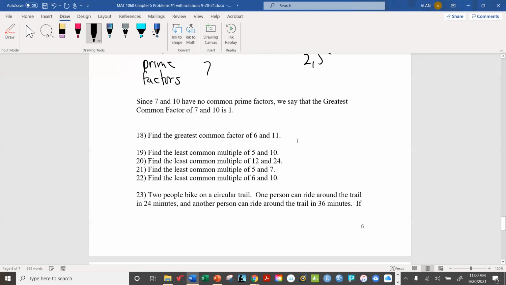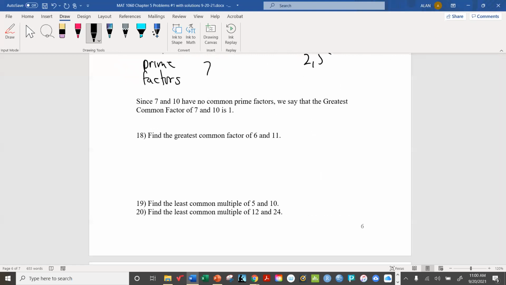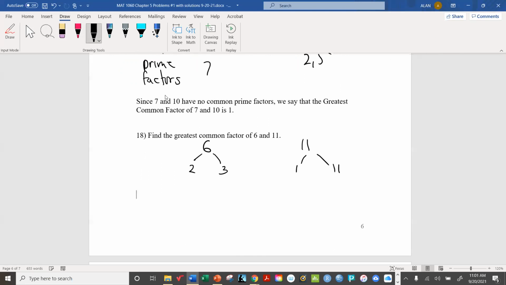Now, here's another case just like that. Because if you look at these, oh boy, they don't seem to have, oh wait, what did I do? Sorry. Let's call this 2 and 3, not 6 and 1. And guess what? They have nothing in common.